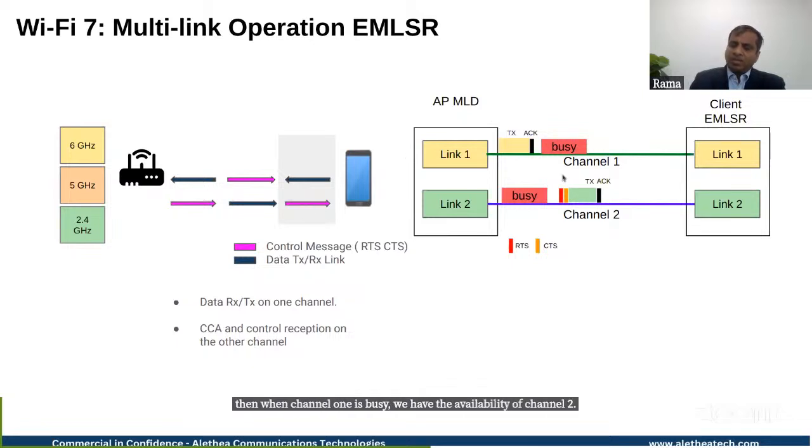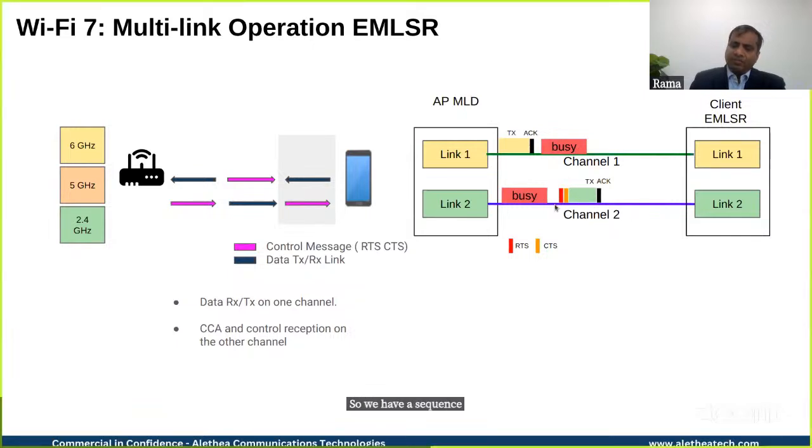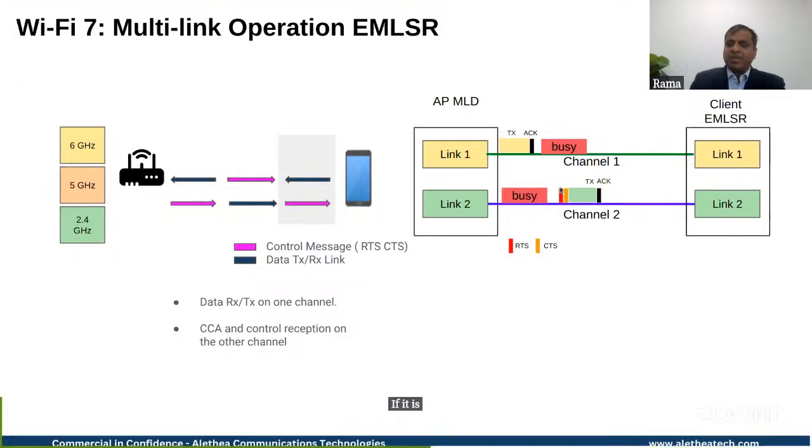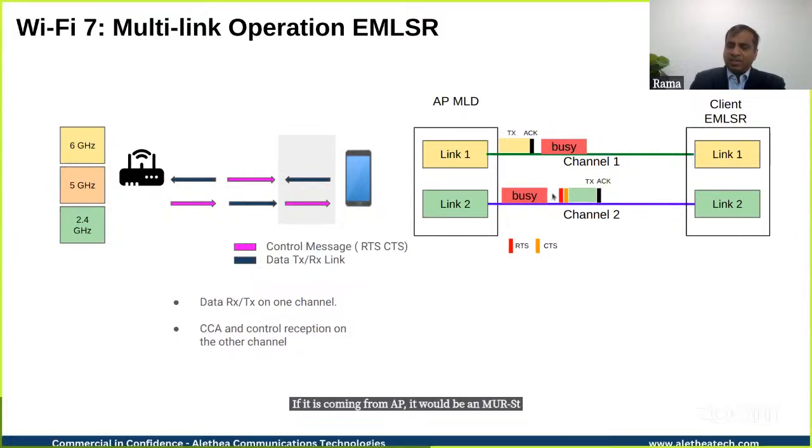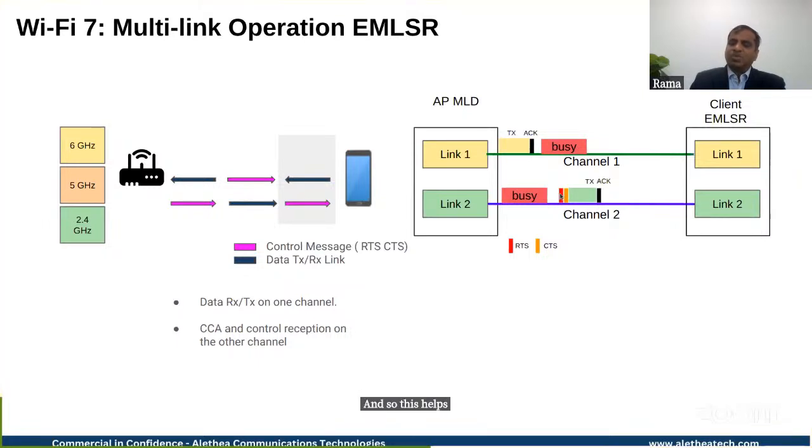This is the thing that everybody should understand. So we have a sequence RTS CTS. Actually, if it is coming from AP, it would be an MU RTS and a CTS sequence. This helps the receiving device to switch the channel. Because the receiving device is always capable of receiving control messages, once it receives an RTS, it sends a clear to send message and then switches the channel to receive the data.